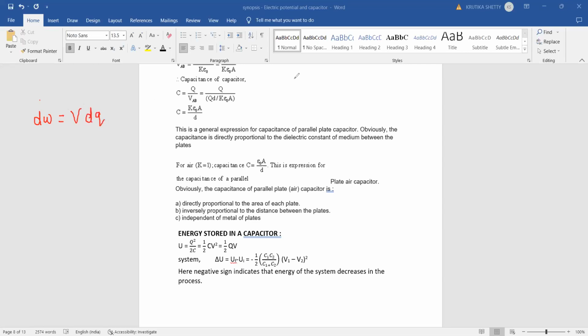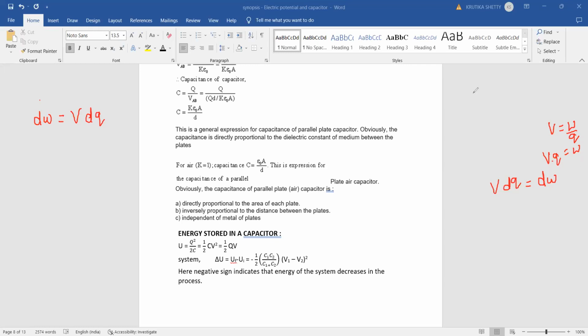How is it V into dq? You know the basic definition of potential: work done per unit charge. Therefore work done is equal to V into q. So now what we are doing is taking a small amount of work done. Whenever we have a small amount of work done, it is taken as dW. Okay? Next, for this, the potential difference is V and the charge is dq.